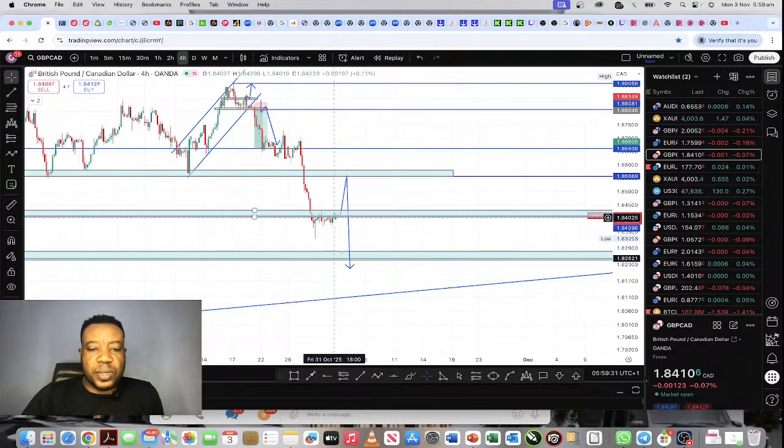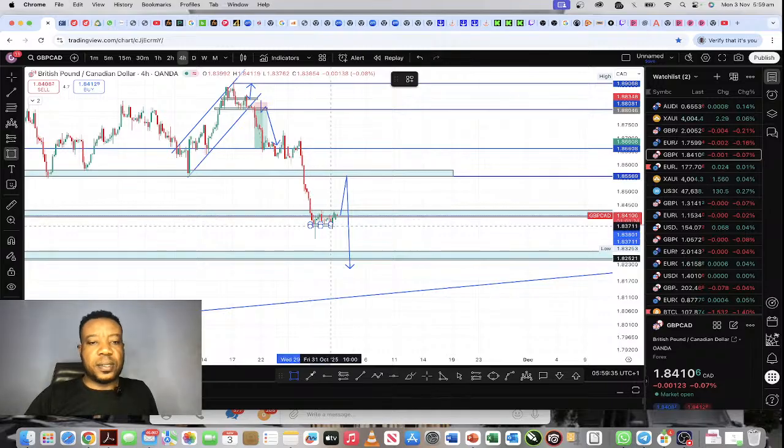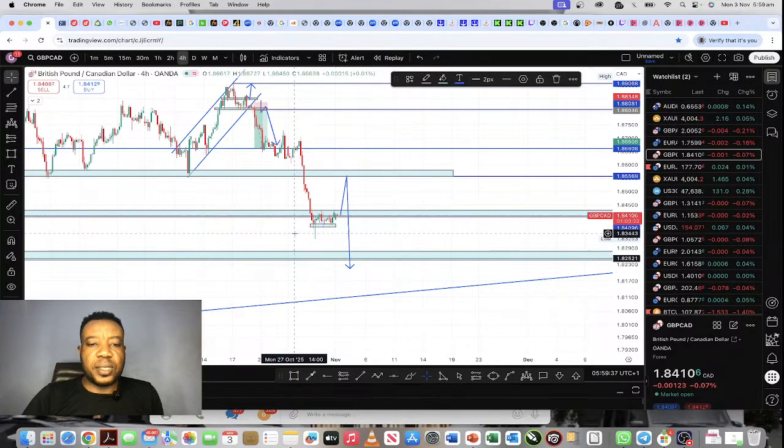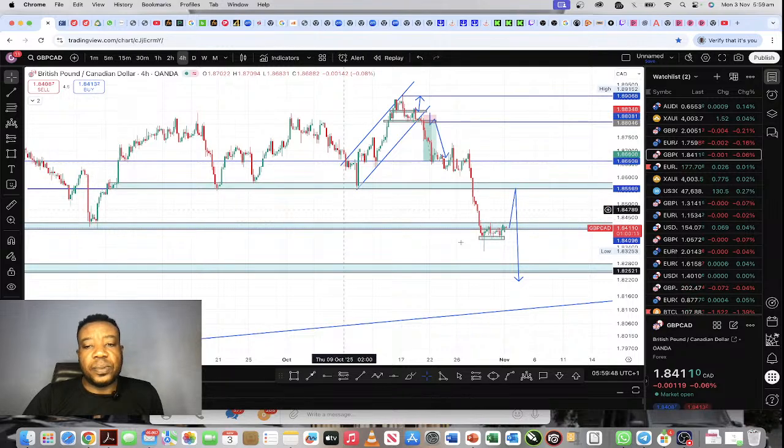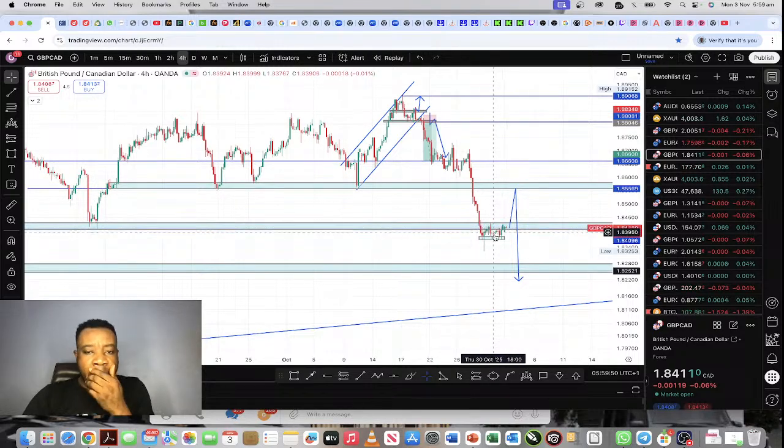So we got a multiple rejection at this level here. Got a multiple rejection at this level here on daily time frame. See what happened here on 4-hour time frame rather, and price gave us a bottom, went up, so we could still go up from here.